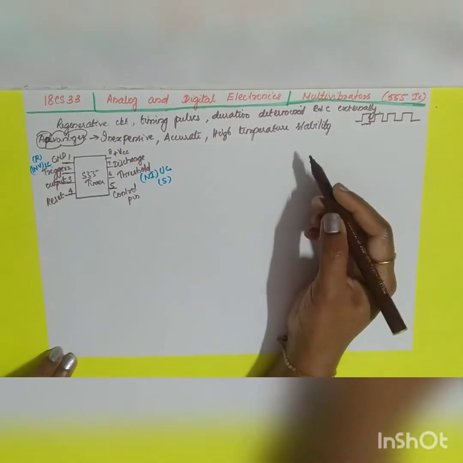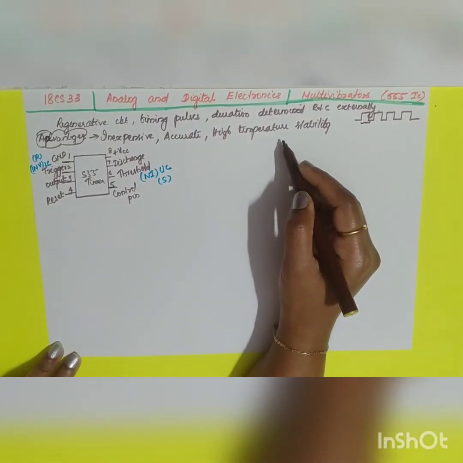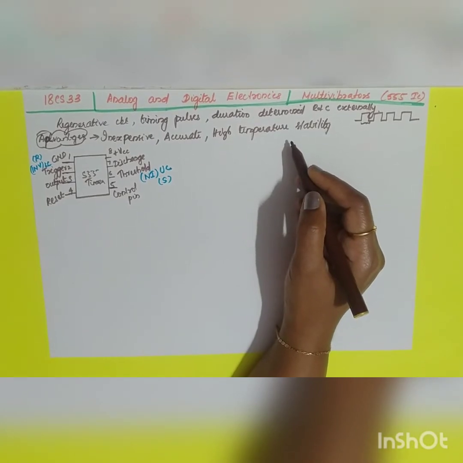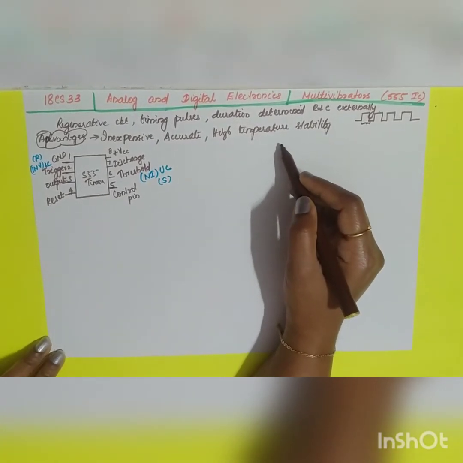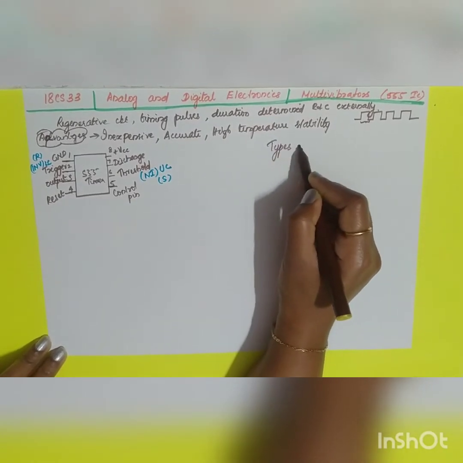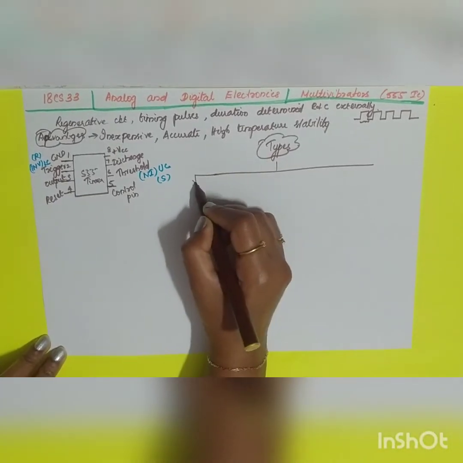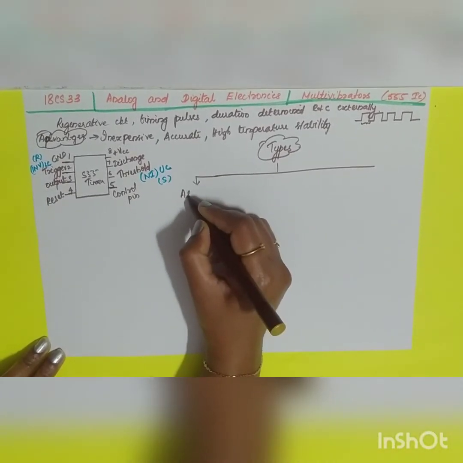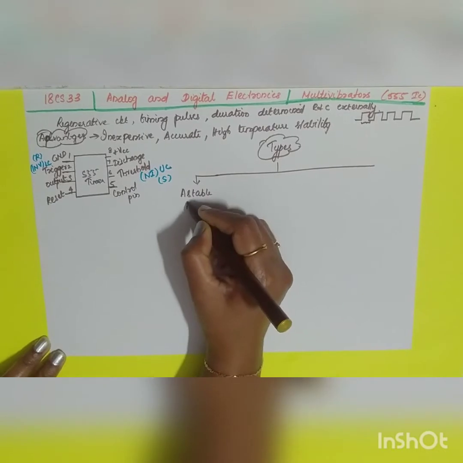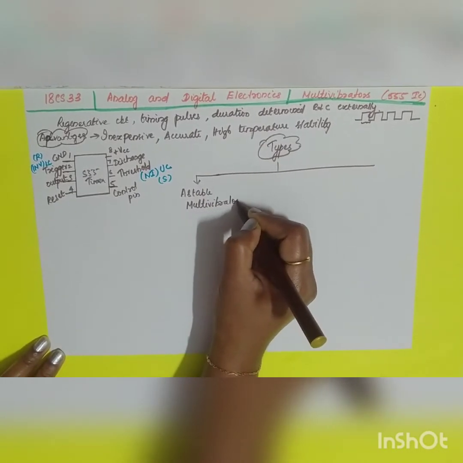Based on the configurations and the most commonly used applications, there are mainly three types of multivibrators, of which you are going to study two as per your syllabus. The first type is called the astable multivibrator.